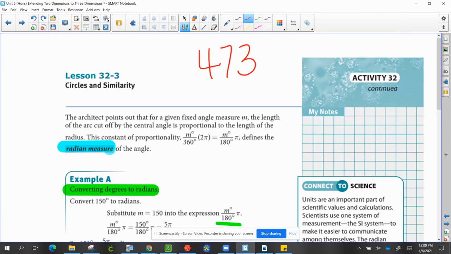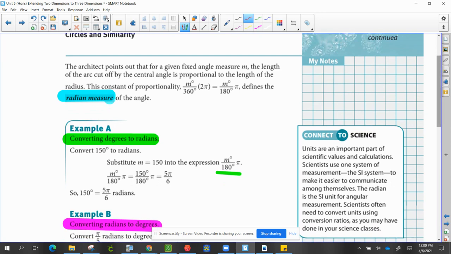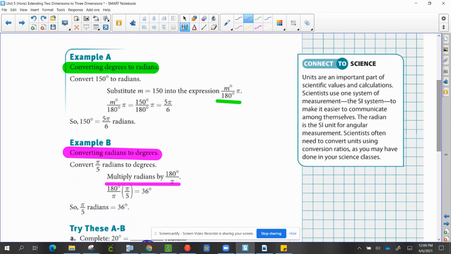The reason we like radians is because it's an exact measurement. When we have degrees, sometimes we're rounding those answers. So a radian measure is just another way to measure an angle, but it's more exact. The way we can convert from degrees to radians or radians to degrees is pretty simple, just some quick multiplication in your calculators.